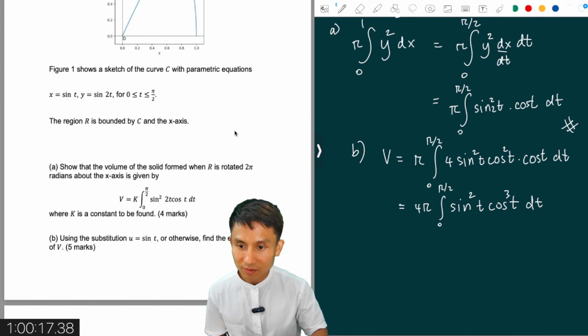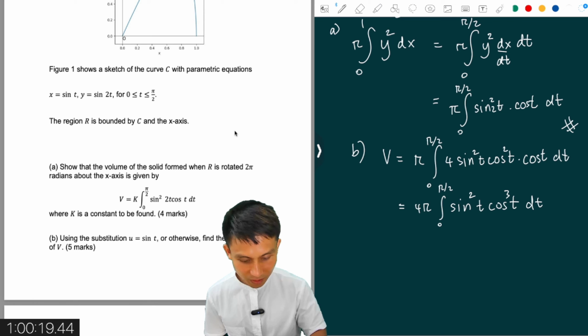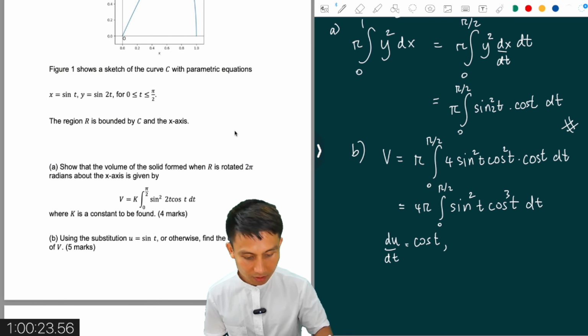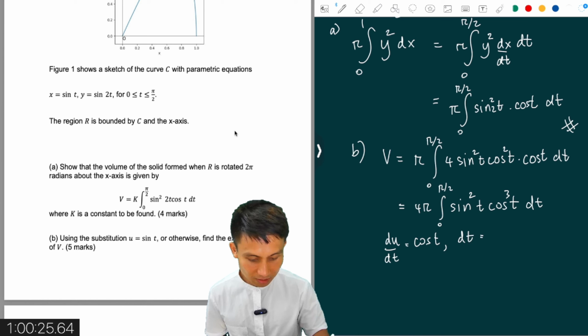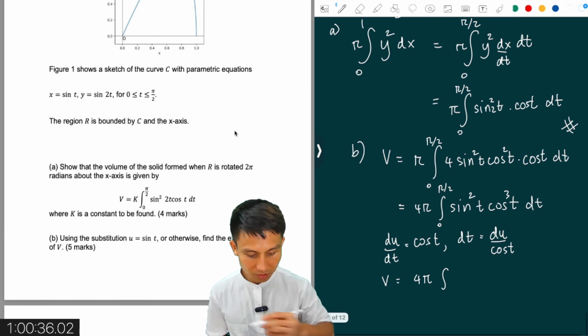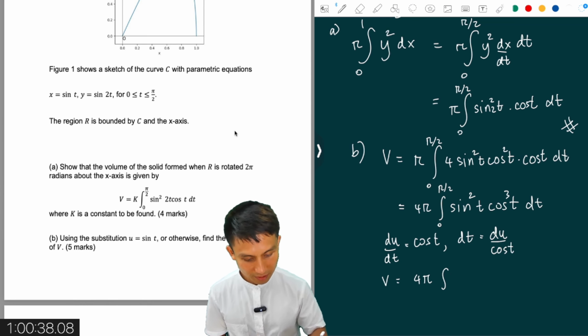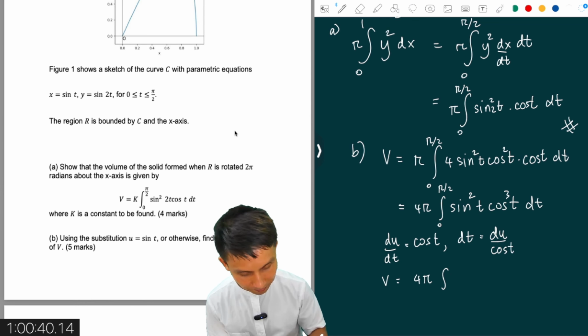Of course, using the substitution as advised, we have du by dt is cos t. So dt is du over cos t. So the volume again equals 4 pi. We have to change the bounds later, so I'm just not putting them in first. Sine squared will be u squared, right?